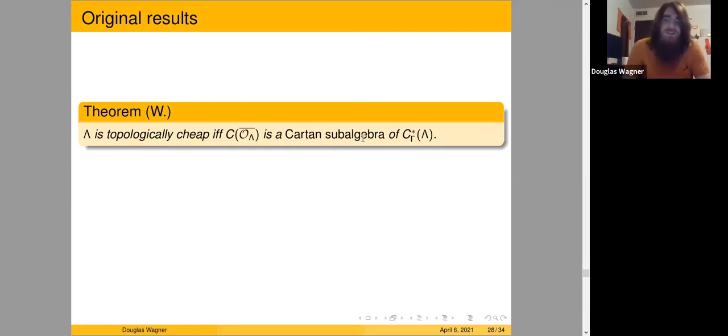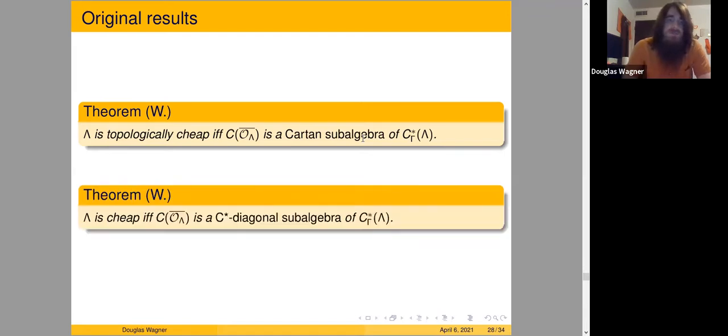And as we talked about earlier, abelian C-star algebras are useful for understanding non-abelian ones. There's also this special case, a subgroup is cheap if and only if the continuous functions are a C-star diagonal subalgebra, which you can think of as like the diagonal subalgebra of a matrix algebra.